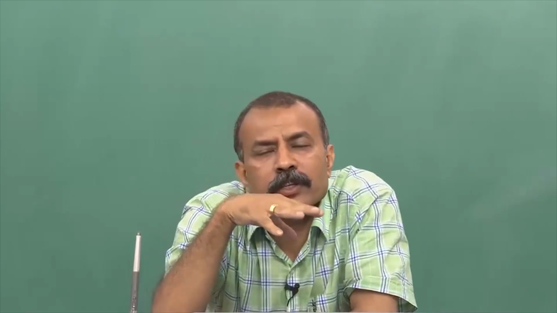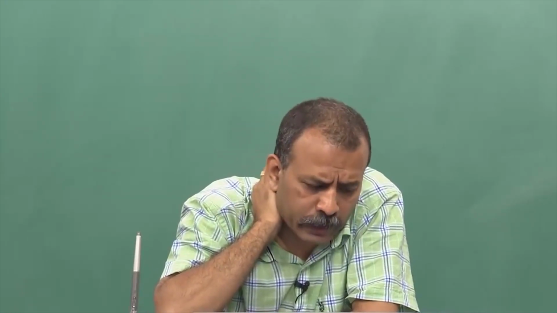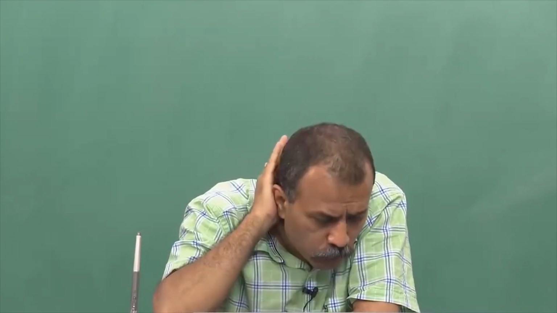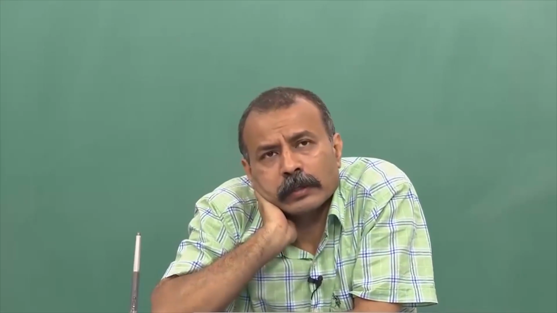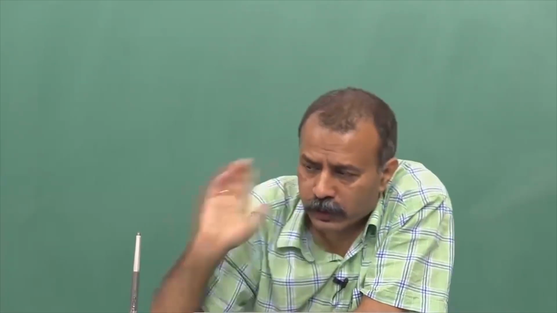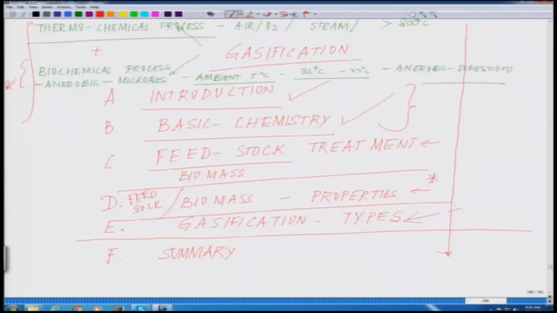Could you introduce some kind of microbial treatment which will make this kind of feedstock much more amenable to modification to form methane or those kind of things faster? So, what we will do next is talk about the feedstock treatment processes and the properties of the feedstock.